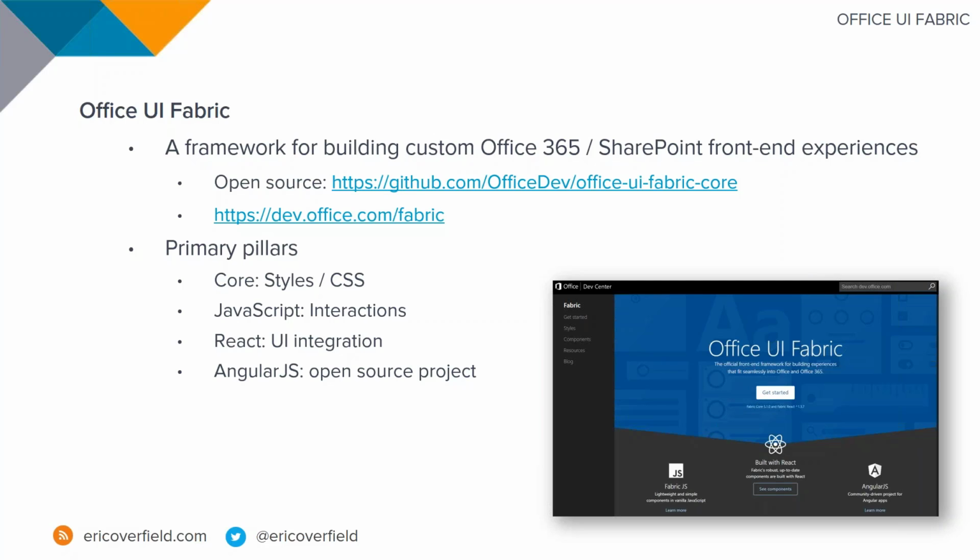Now for those Angular users out there, there is an open source project maintained separately aside from Microsoft combining Angular and UI Fabric. I'm pretty sure that's just Angular 1.1. I don't think that's Angular 2, but it is open source, maintained by the community as a whole. So to me, it's really three primary pillars: the core aspect, which is your CSS; your JavaScript, which is the interactions; and React, which is your UI integration.